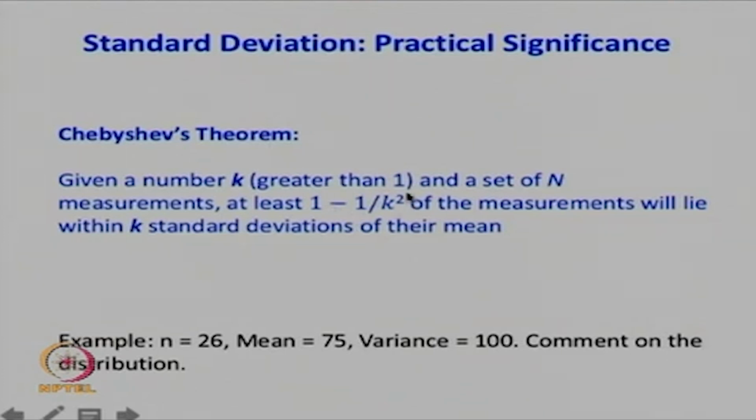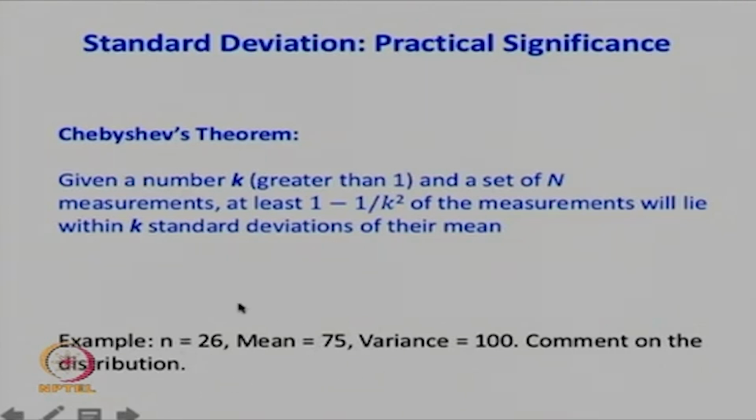So, if I substitute k equal to 2, then that would become 1 minus 1/4, which is 75% of the measurements are expected to lie within two standard deviations of the mean, which means 75% of the data will lie between mu or x bar minus sigma and x bar plus sigma.